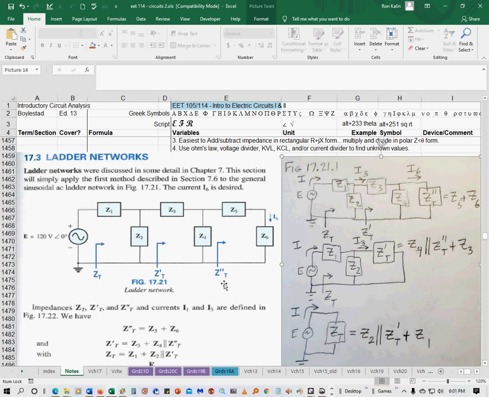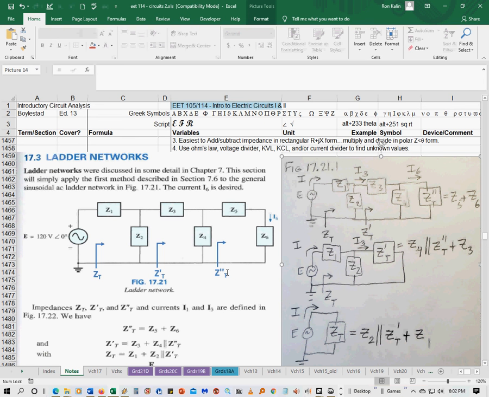The definition of these impedances is arbitrary. The book likes to use primes, like this is Z double prime T, Z prime T, and then total impedance ZT. And I put these lines in here to show you where they start, and they're looking to the right.